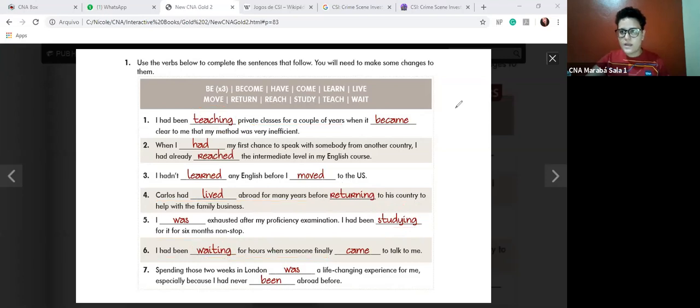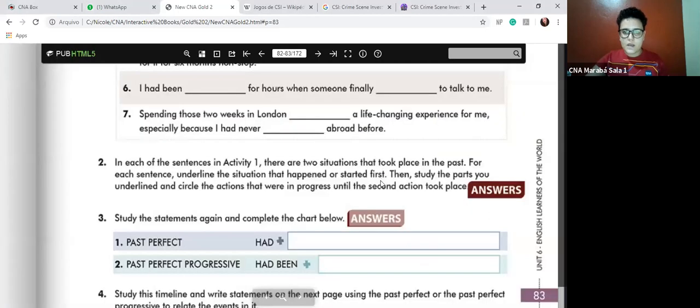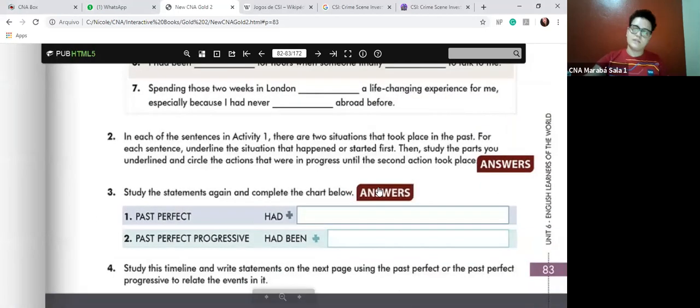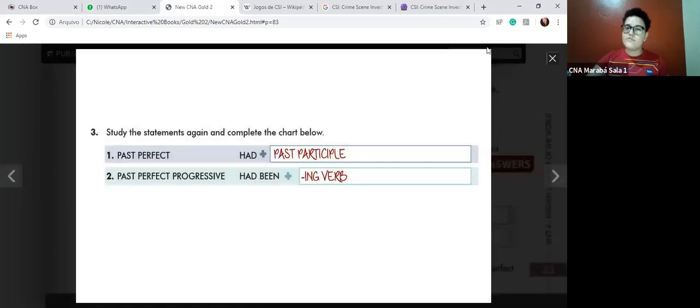Now, why are not all of them circled? Because we have in these sentences 2 examples of statements. We have the past perfect, which is had plus past participle, and we have the past perfect progressive, which is had been plus ing verb.